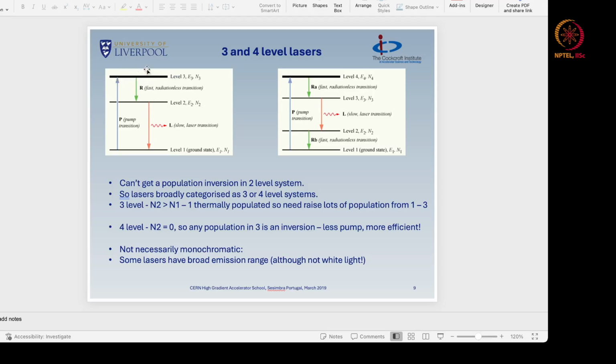The state at level 3 is very short-lived, so the electrons go down to this metastable level using a very fast, radiation-less transition, more like heat rather than radiation. At level 2, the metastable level, the electrons are stable for up to milliseconds.